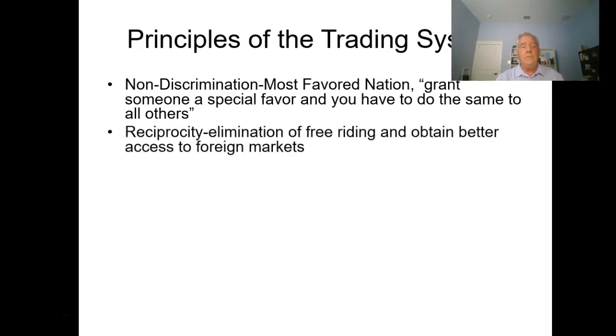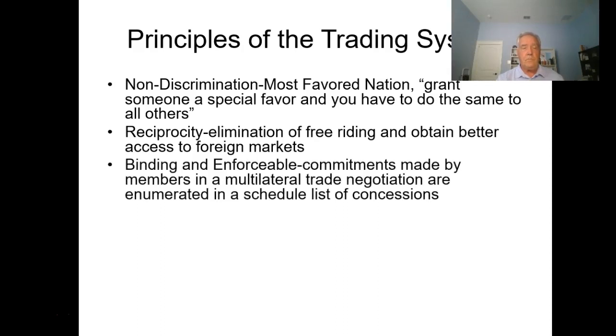Reciprocity, elimination of free riding, attain better access to foreign markets. In other words, you just can't go and take what you want. You have to obtain access to these foreign markets. There's no such thing as having a special relationship in a foreign market that only you have. Agreements. Again, I said all agreements rest with the World Trade Organization.